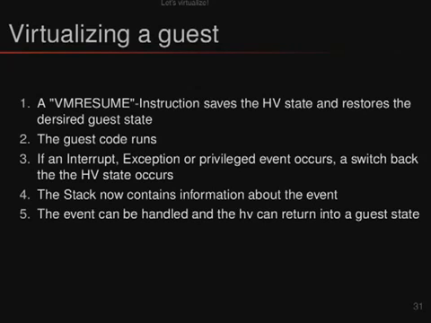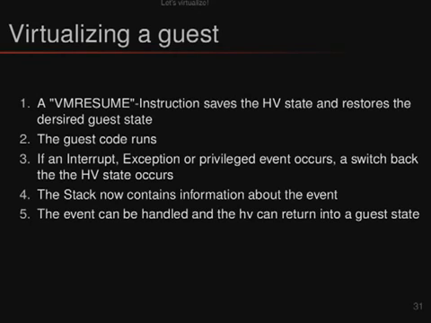If we actually want to enter a VM, or if you have a guest that we want to virtualize, we can execute a VM resume instruction. This is this explicit instruction which jumps into a virtual machine, as I told earlier. The CPU then saves the whole hypervisor state and restores the selected VM state.